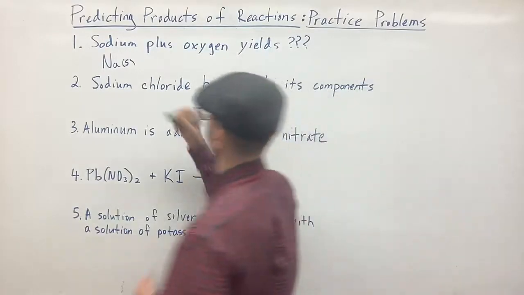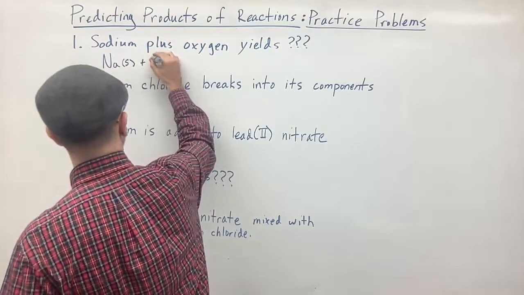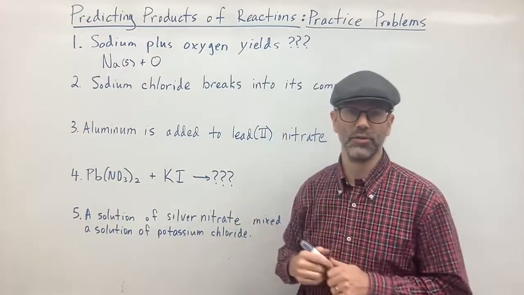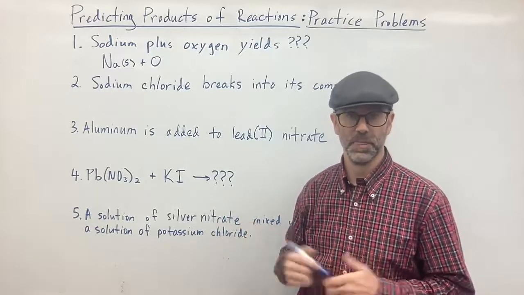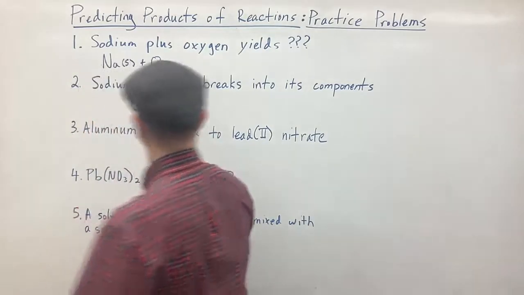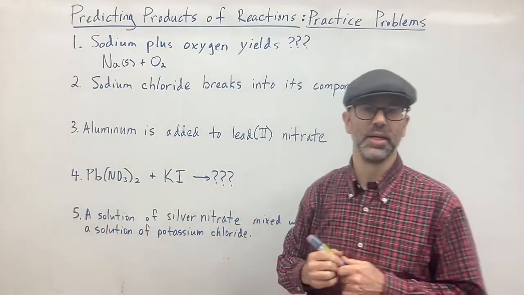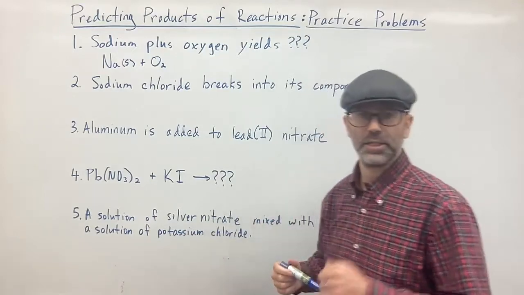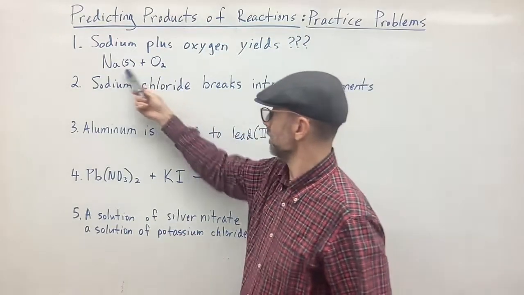So if we do plus O, that would be wrong and would lead us to the wrong answer for the balanced equation. So here it has to be O2 because oxygen is a diatomic element. It exists as a diatomic molecule. Okay, so here are the reactants.